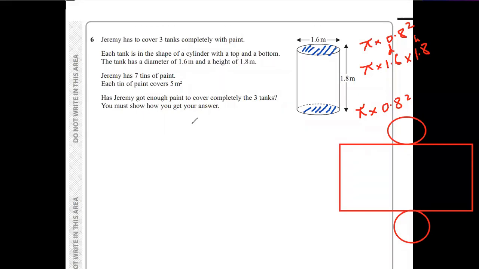And all of this gives me what? 104 divided by 25 pi. So total surface area is what? Area is equal to 104 over 25 pi.